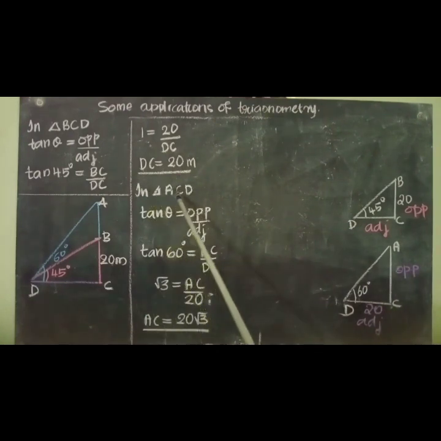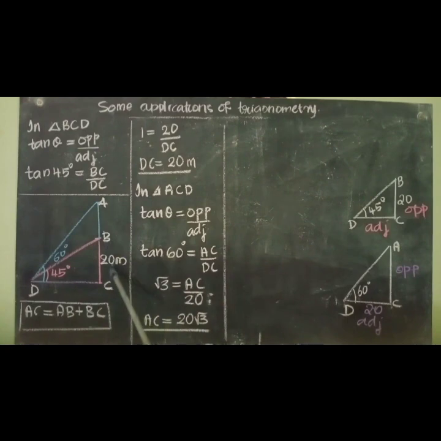In triangle ACD, tan theta equal to opposite side by adjacent side. Here theta equal to 60 degree. Opposite side is AC, adjacent side is DC. So tan 60 degree equal to AC by DC. We know tan 60 degree is root 3. So we can write root 3 equal to AC by 20. Cross multiplying, we get AC equal to 20 root 3.